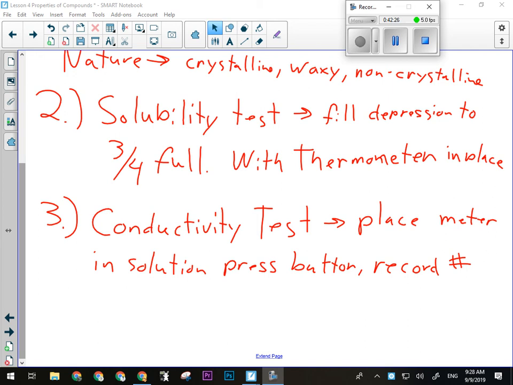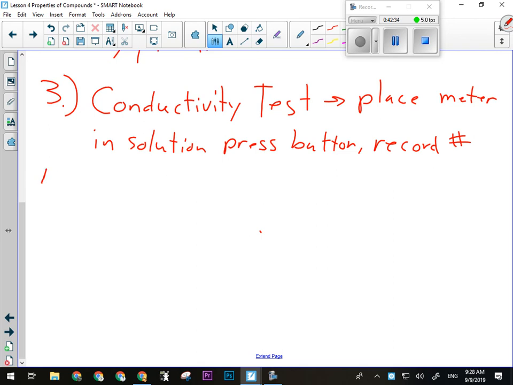The last test that you're going to do, which we don't have on the board yet, is the pH test. So we're not running a whole lot of tests. And yes, the p is supposed to be lowercase, it stands for power of hydrogen. That will be litmus paper.